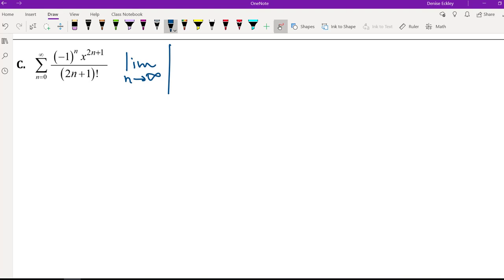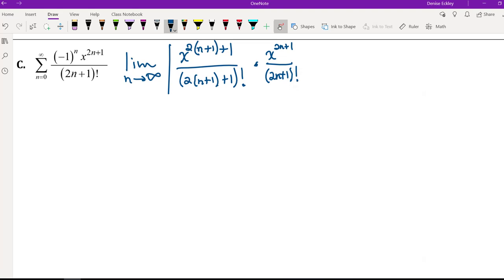So for my n plus 1 term, I'm going to have x to the 2 times n plus 1 plus 1, and this is all going to be over 2 times n plus 1 and then plus 1 factorial, times my original n term, which is x to the 2n plus 1 over 2n plus 1 factorial. Otherwise, that would have been a real ugly fraction.